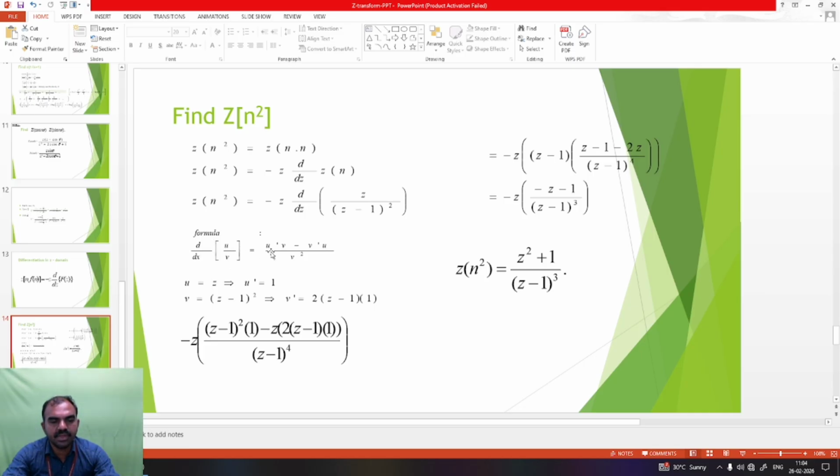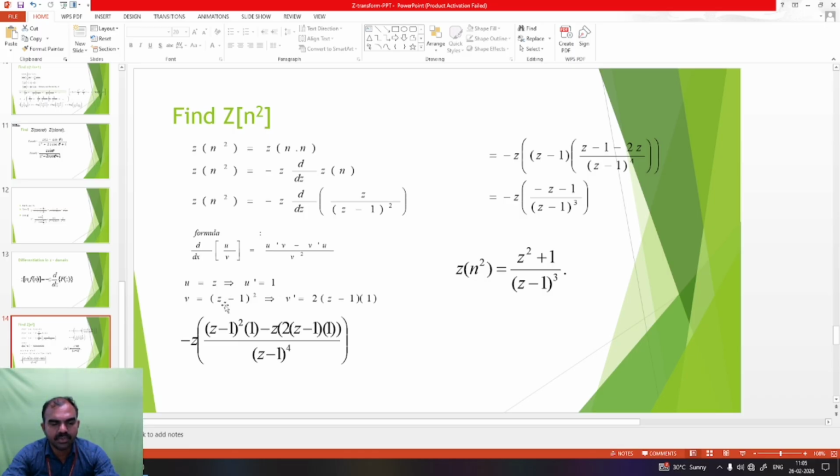The u by v formula is u dash v minus v dash u by v square. So we choose the u value as the numerator z and the v value as the denominator z minus 1 the whole square. u dash, differentiating z with respect to z, is 1.